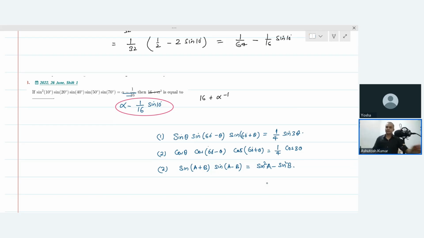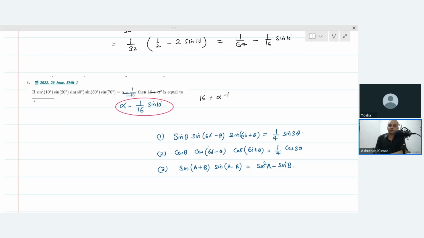Why am I stressing this? The stress is on remembering because in trigonometry, there are some formulas whose derivations are very lengthy. Of course, in examination, you will not sit to derive all the formulas. And if you have this in memory, you can make it shorter.